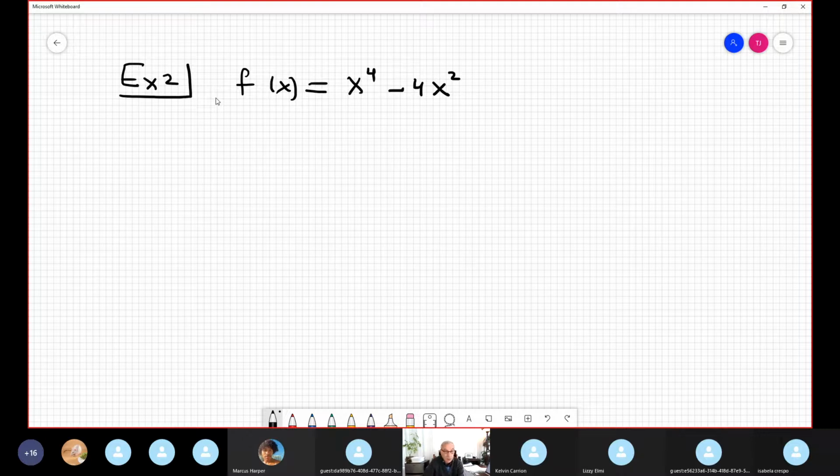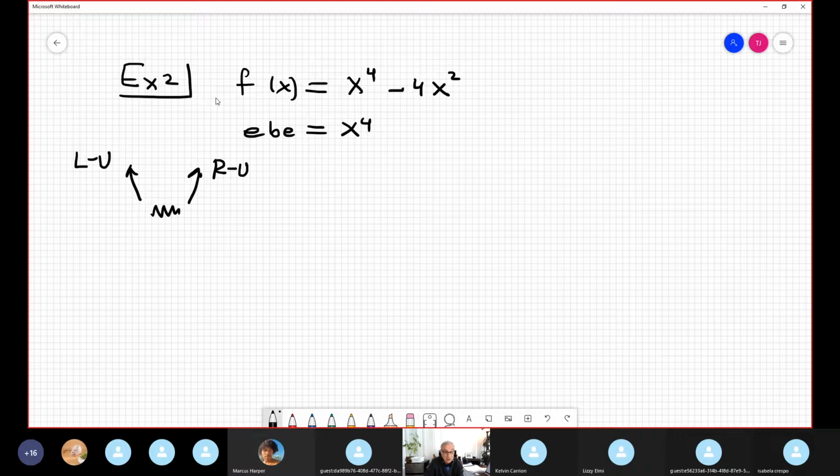The end behavior expression is x to the 4th power, so the exponent is even and the coefficient is positive. I suppose the end behavior looks like this: right up and left up. In the middle, I have no idea.